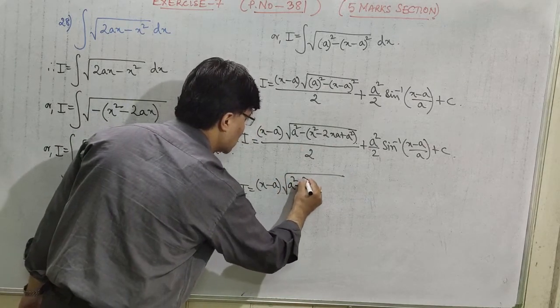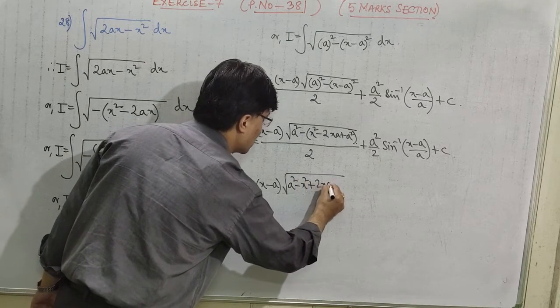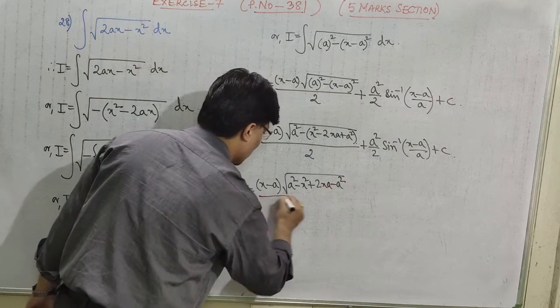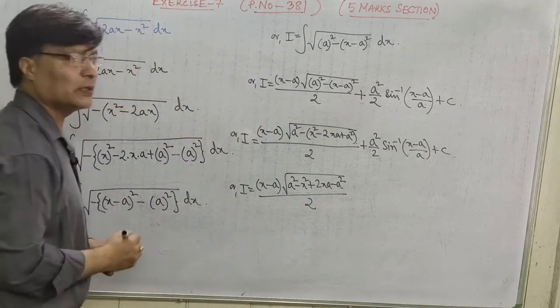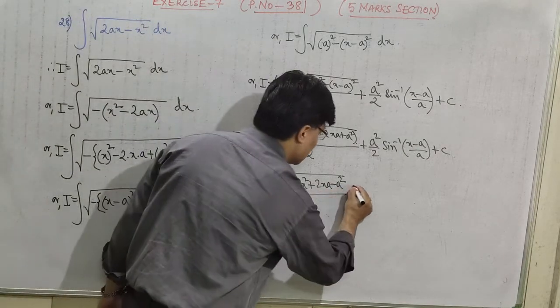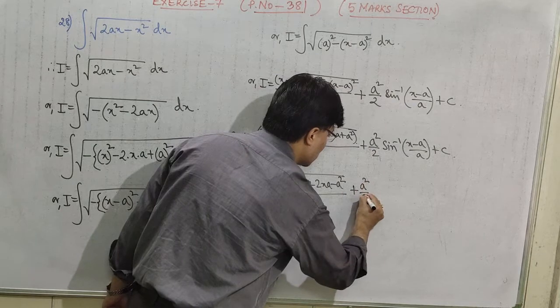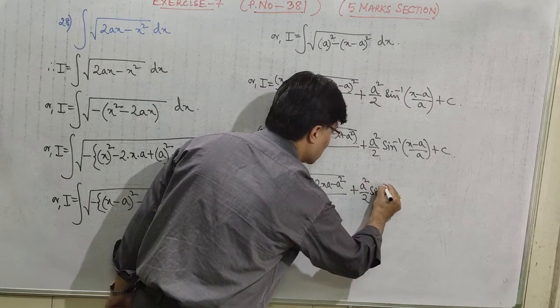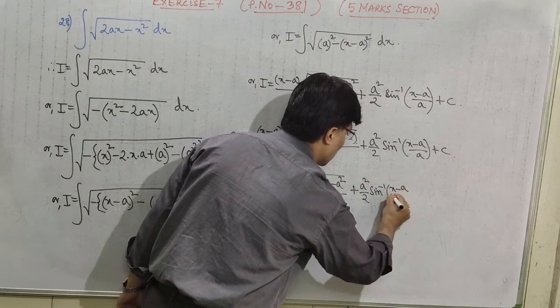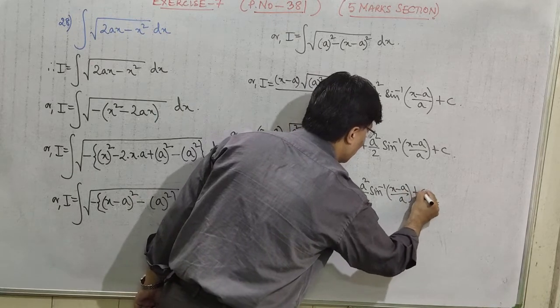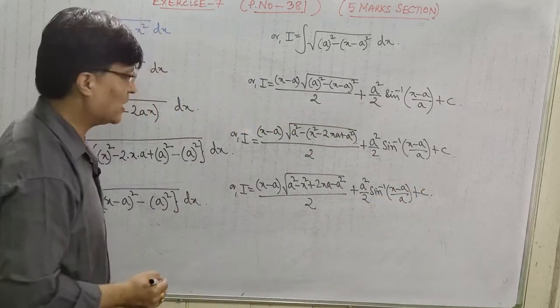A square minus x square plus 2xa minus a square, whole divided by 2, second term remains as it is, plus a square by 2 sine inverse x minus a by a plus c. Is that clear?